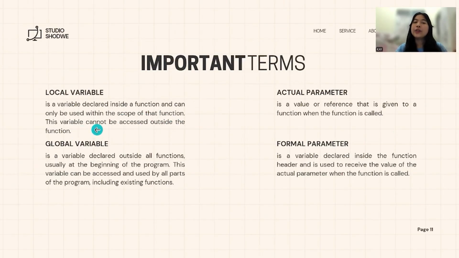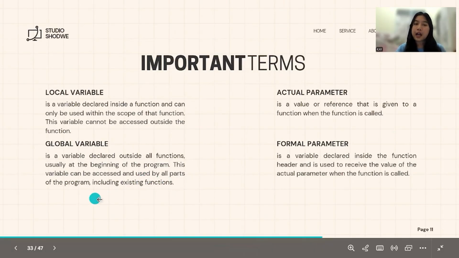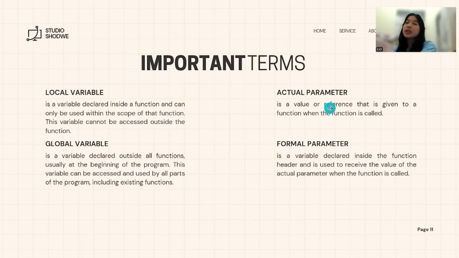This variable cannot be accessed outside the function. And global variable is a variable declared outside of functions, usually at the beginning of the program. This variable can be accessed and used by all parts of the program, including existing functions.